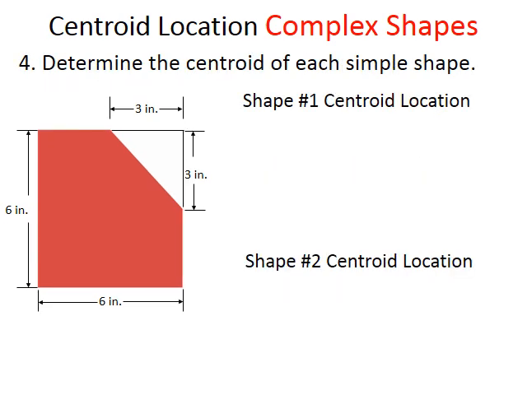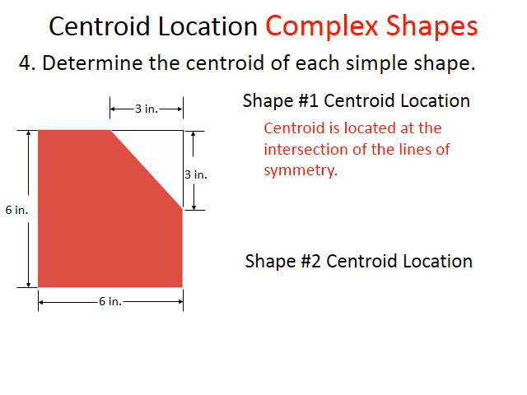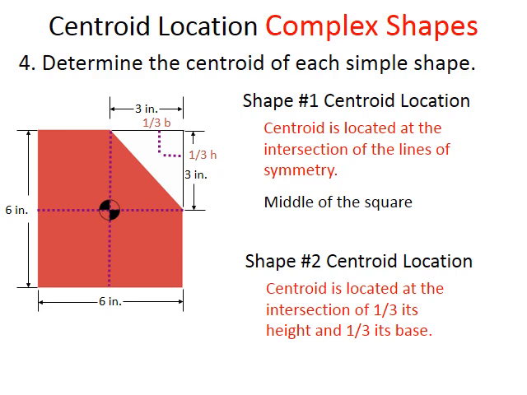Using that exact same process that we did in the last clip, we want to determine the centroid location for each of the individual shapes. For shape 1, that is located right in the middle of the square, the 3 by 3. And for shape 2, this is where we have to be careful. Remember, it's 1/3 base times 1/3 the height, but we've moved it from our original example.